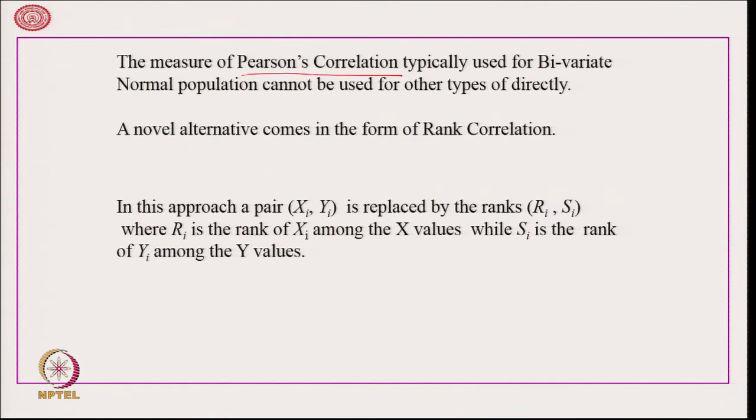In this approach a pair (x_i, y_i) is replaced by the ranks (R_i, S_i), where R_i is the rank of x_i among the x observations and S_i is the rank of y_i among the y observations. We have already seen how we can replace a value with its rank, so we are not elaborating it much further.